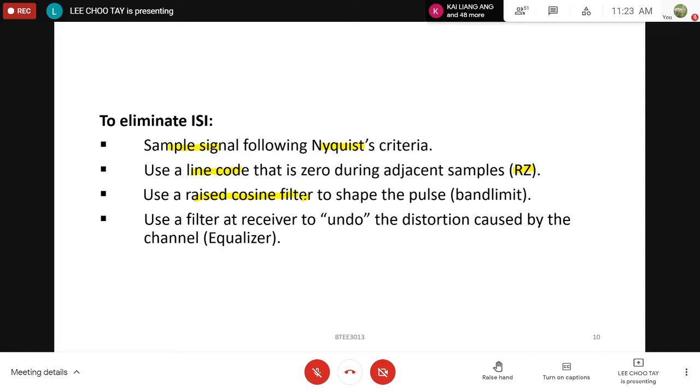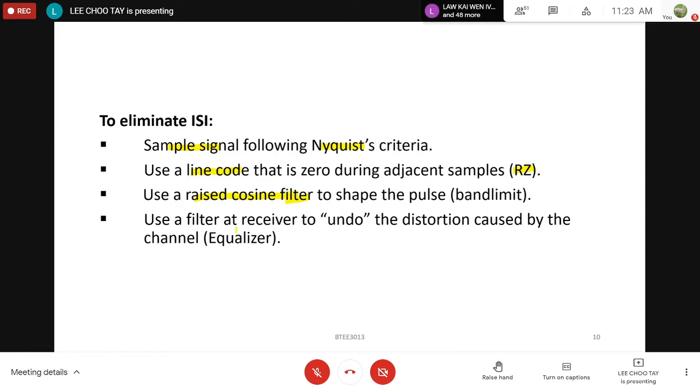But when the next bit is sent, it has a 0 amplitude from your previous bit. Therefore, if you use a raised cosine filter to shape the pulse, then you are guaranteed to have 0 ISI or very minimum ISI.